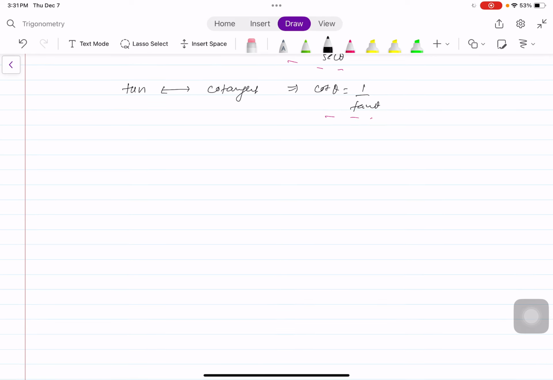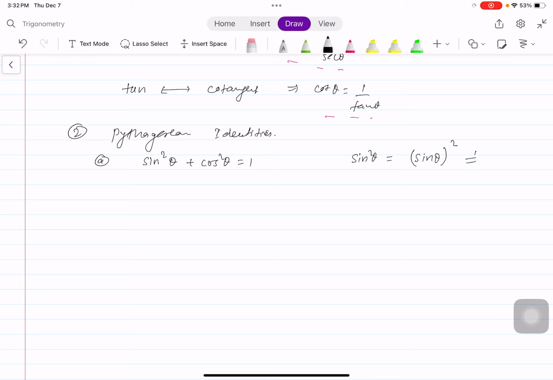Number 2, we have the Pythagorean identities. In Pythagorean identities we have 3 identities. First, sine square theta plus cosine square theta equals 1. Do not get confused here. The meaning of sine square theta is that you have sine theta and you are squaring it.